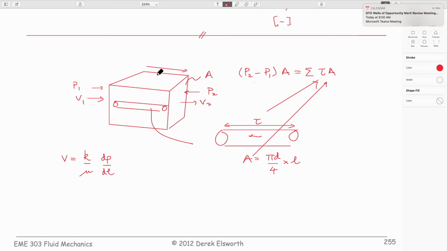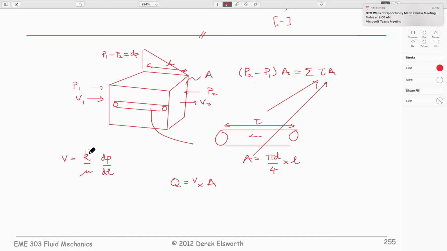This length would be L. This pressure gradient would be an upstream pressure, P1 minus P2 equals dP. And so what it's doing is linking the loss of pressure across the system to driving the flow rate, and Q would be equal to velocity times area, this total area here.